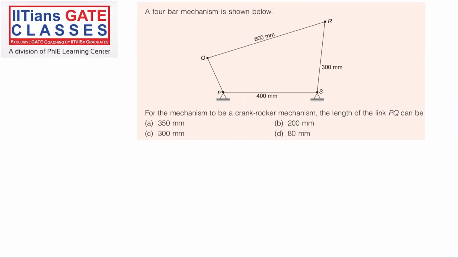What does Grashof's law say? Grashof's law says that for continuous motion, that is, to have one crank, one of the links must be continuously revolving, the sum of the smallest and largest lengths should be smaller than or equal to the sum of the lengths of the other 2 links, let me say P and Q.